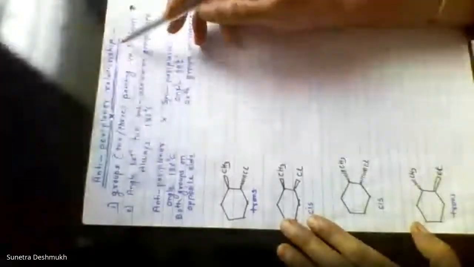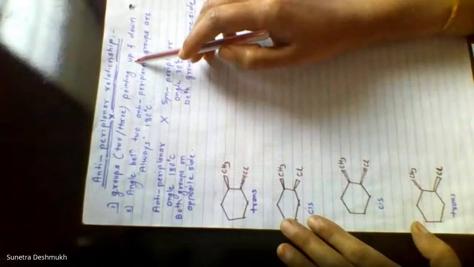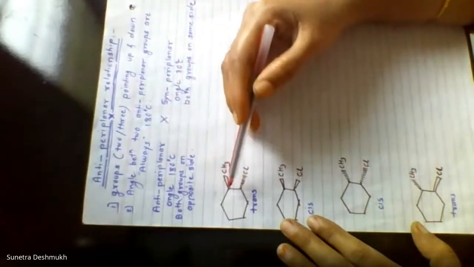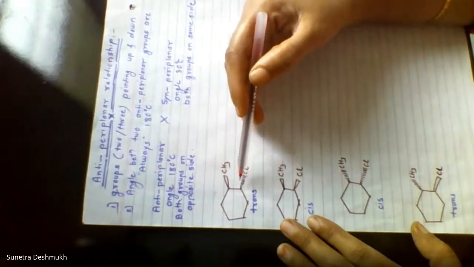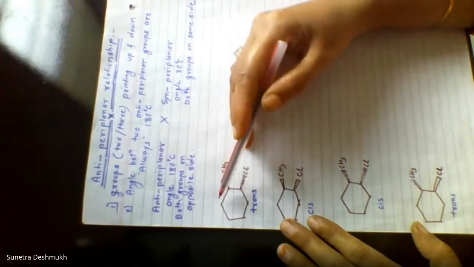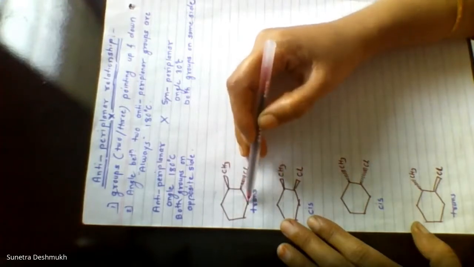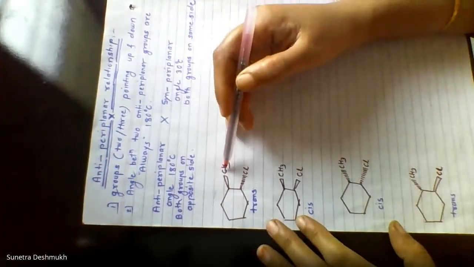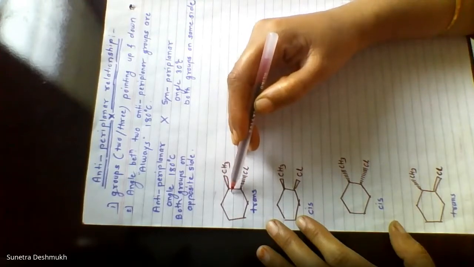Anti-periplanar relationship is nothing but two or three groups pointing up and down, which are present on the cyclohexane system. They may be pointing up or down, so we have to study the relationship between these two groups, one present on this carbon atom and the other on that carbon atom. So it is the relationship between two substituents present on two different carbon atoms, not on one and the same carbon atom.